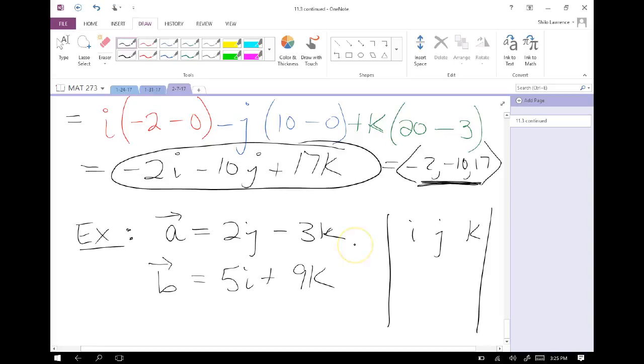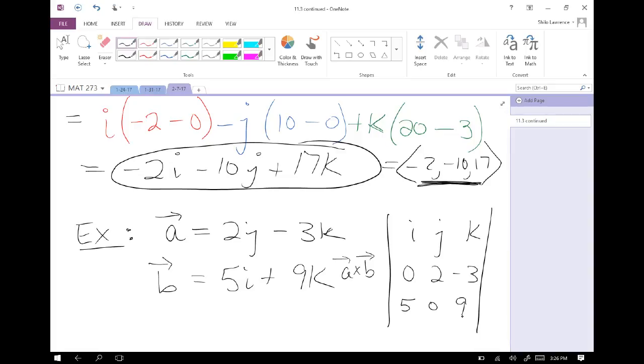I want to write these out with their i, j, and k components. So what's the i component in A? 0. So when I set up my A cross B, it's going to be 0, 2, -3. And when I set up my B, 5, 0, 9, because the j is missing, which means there are 0 j's. So if anything's missing, you put a 0 in that spot, because you need all 3 in order to do the cross product.